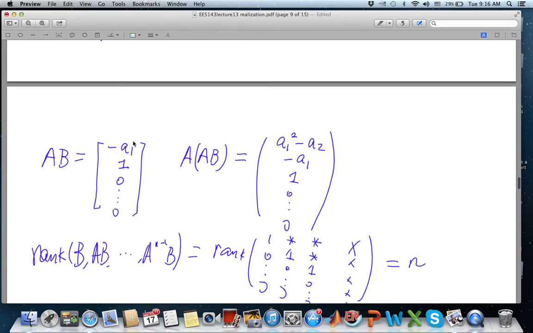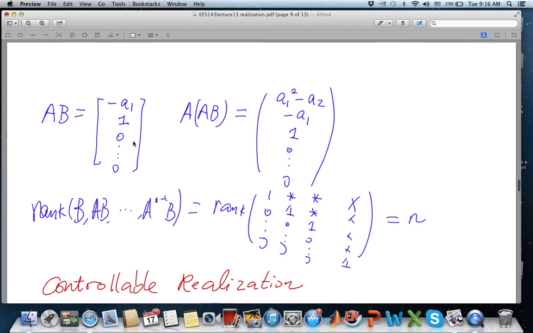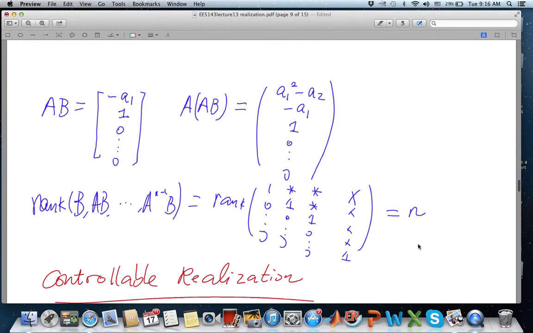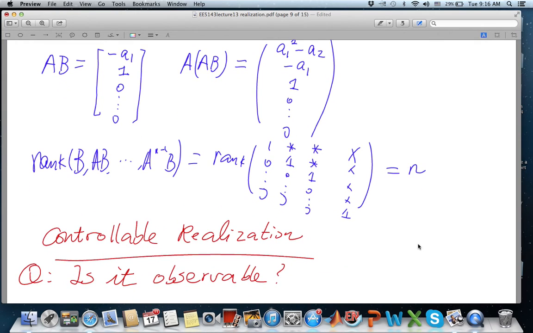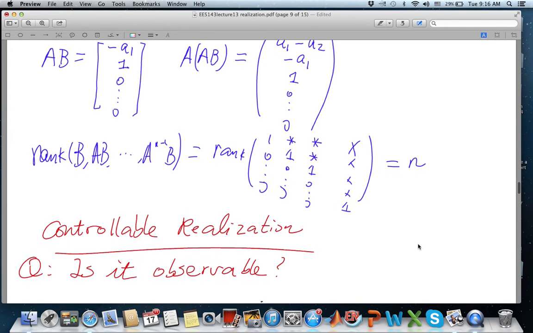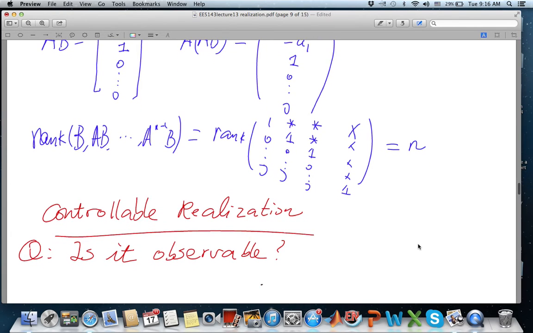Okay, and then my A cubed B will be the combination of the first three columns. Then when we look at this rank of B, AB, up to A to the power of N minus 1 B matrix, we can see it's exactly an upper triangular matrix which has full rank N. So the conclusion is, with the previous realization format, we have a controllable realization of the system.